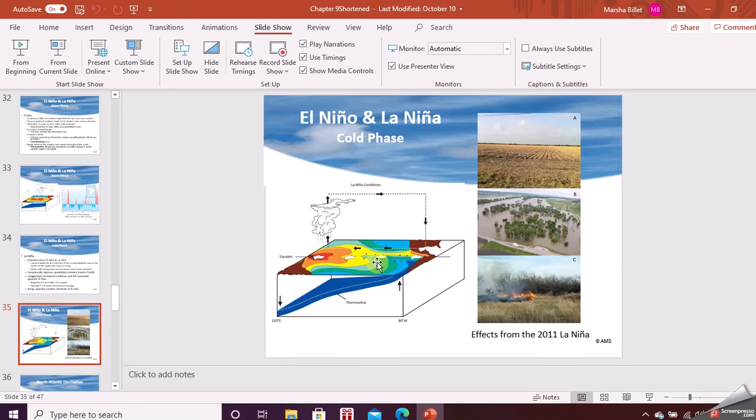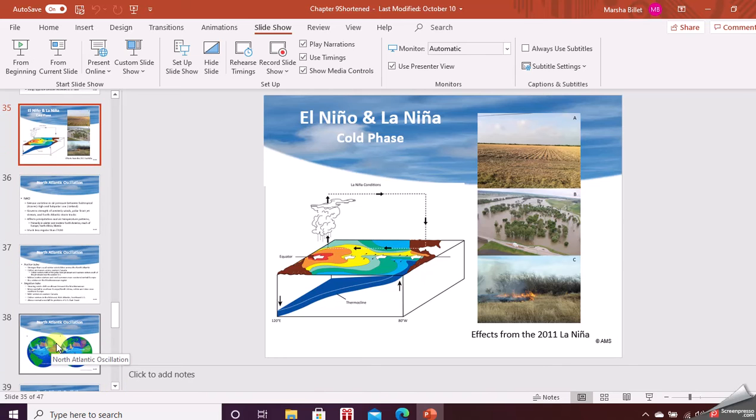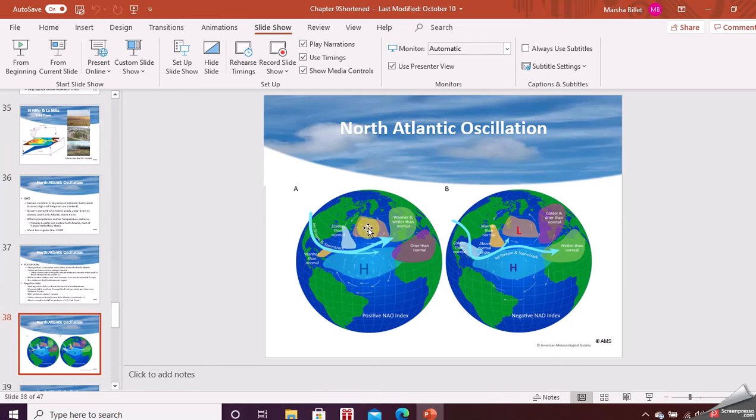However, there have been instances where another feature that we talk about a little bit here, the North Atlantic Oscillation, takes over. And the North Atlantic Oscillation, remember I showed you lows and highs over the Atlantic rotating through there? Well, depending on which phase this is, whether it's a positive NAO or a negative NAO, it can really push down a lot of cold air into the eastern U.S. It also creates a lot of storms along the eastern half of the United States.